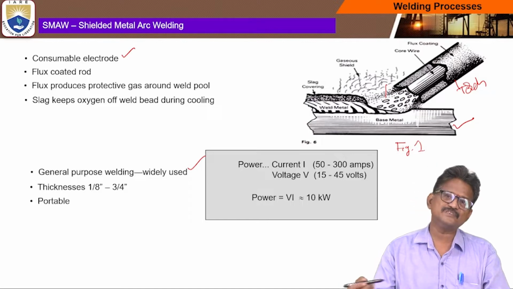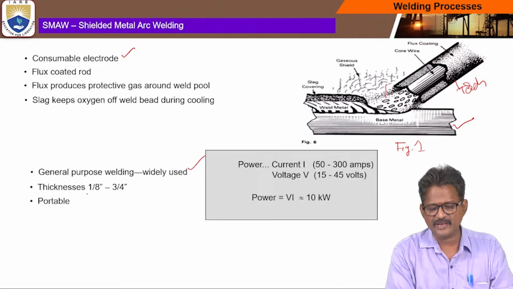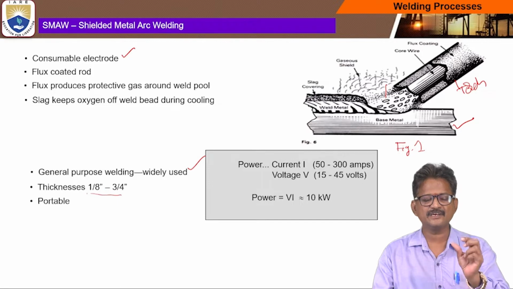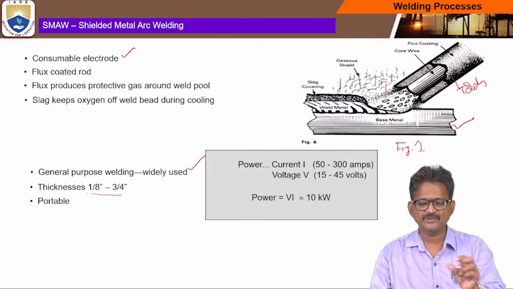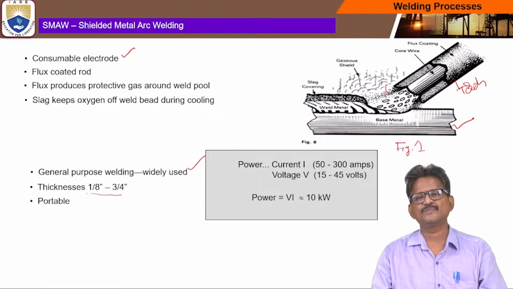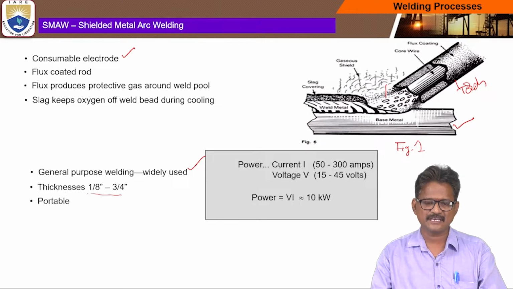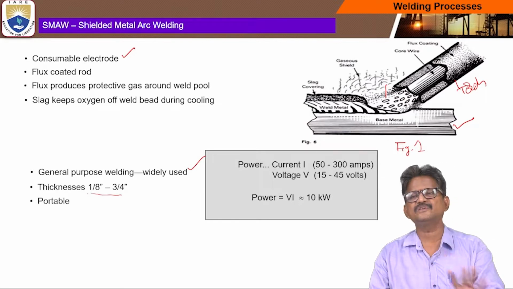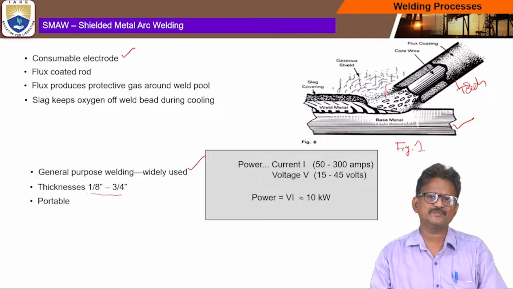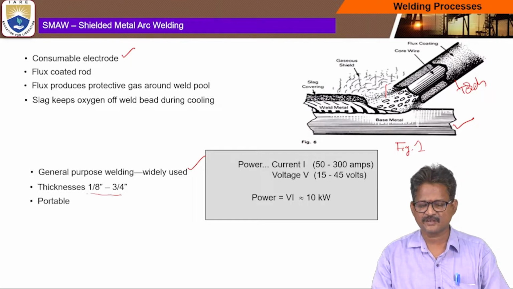The thickness can vary from 1/8 inch to 3/4 inch. So that is the range of thickness that can be used in shielded metal arc welding. It is a portable type of machine where you can perform welding effectively.